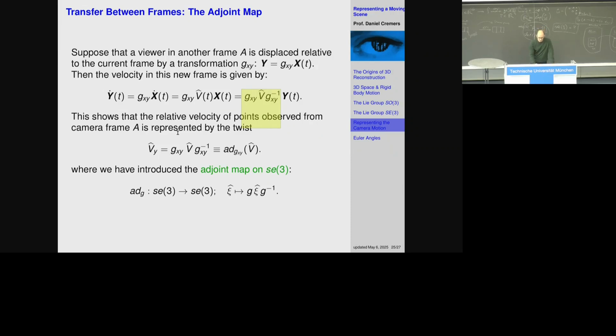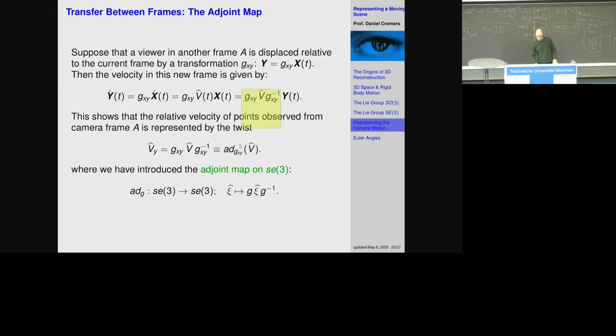In other words, the relative velocity of points observed from camera frame A: if in the original frame X the velocity is given by v hat, by this twist matrix, in the new frame A it is given by g v hat g inverse.